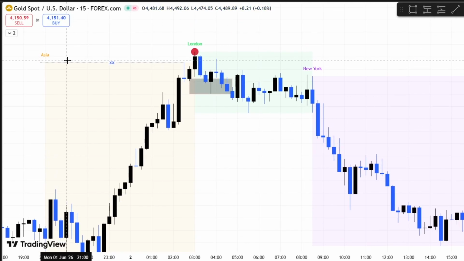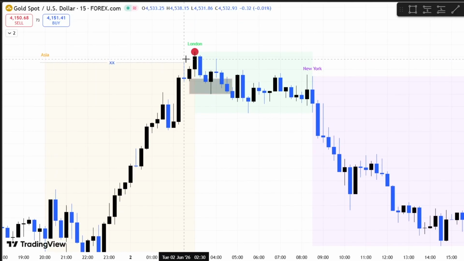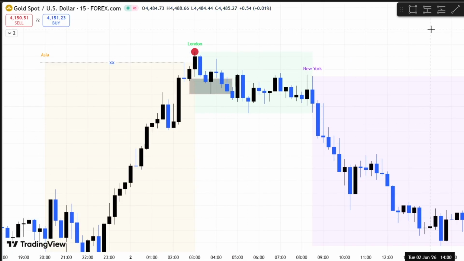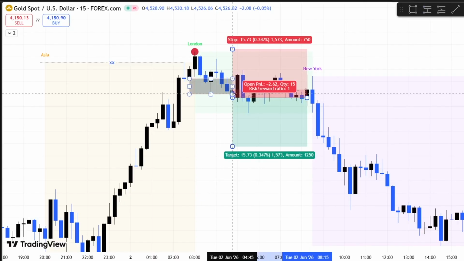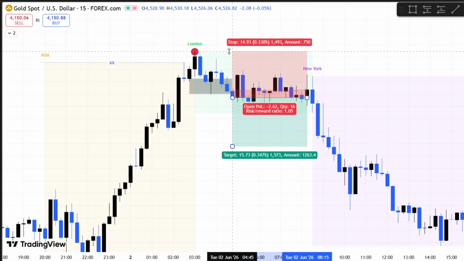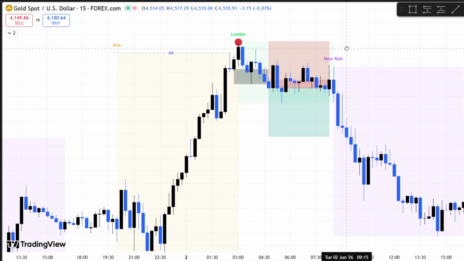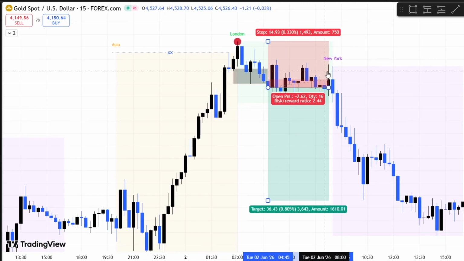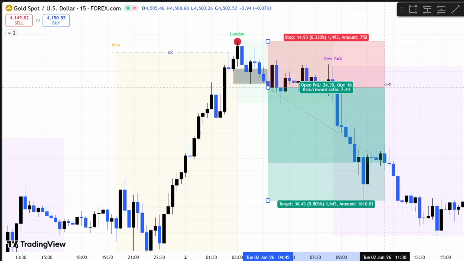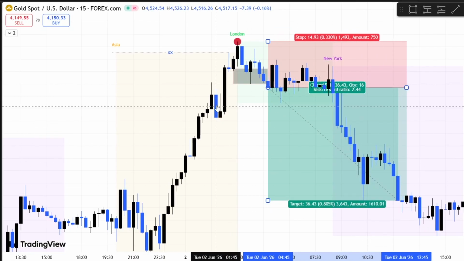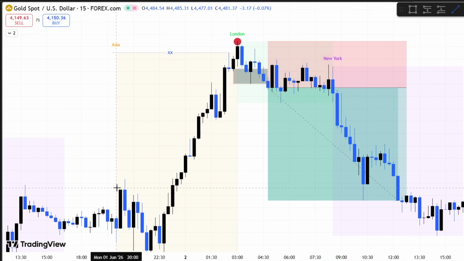We have swept our liquidity, and then price starts to consolidate a bit, then we get a breakout. What usually happens is that after that breakout candle, we protect our high, because we know that now the market has turned. So here you can actually aim for a 1 to 3, 1 to 2, depending on your risk appetite.